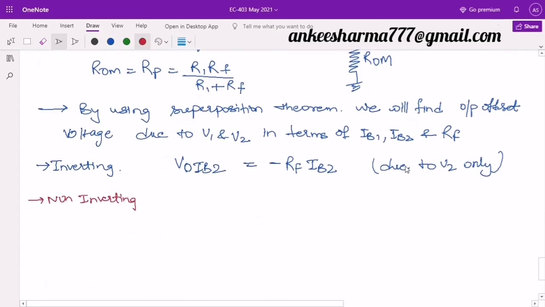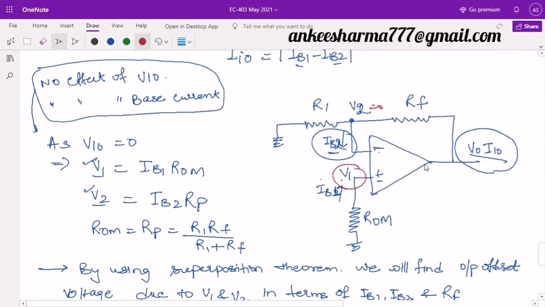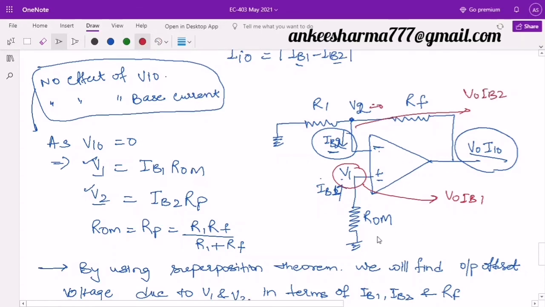So in the non-inverting case, we will have the output voltage VOIB1. I have named them different outputs, VOIB1 and VOIB2, just to differentiate these two things.